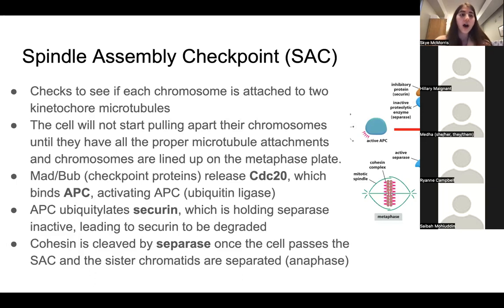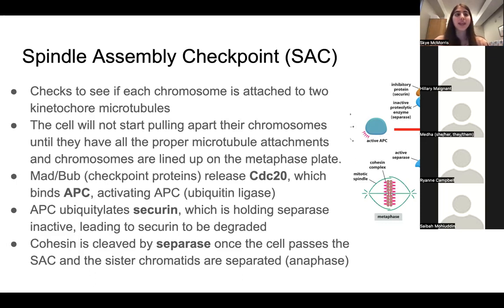And then when you have the proper alignment of all of your sister chromatids, you have securin becoming inactivated. And so that's through this whole process of the MAD and BUB proteins releasing CDC20, which then binds to APC, which then ubiquitylates securin, and then securin gets degraded, so separase is active.